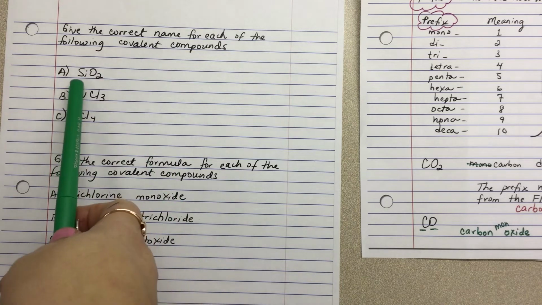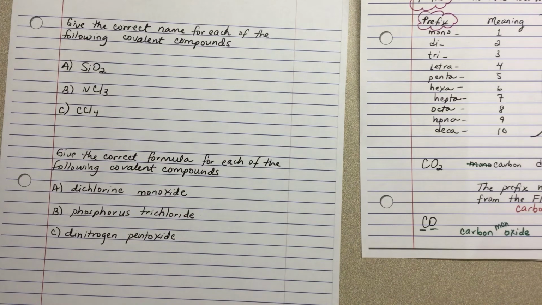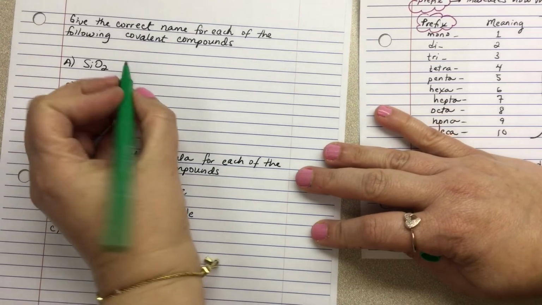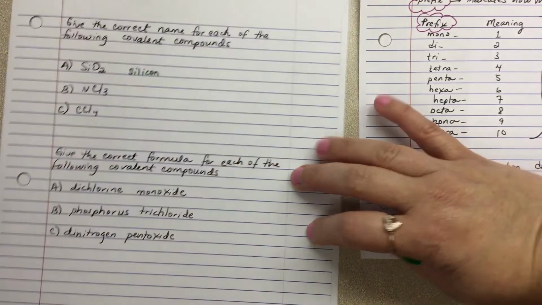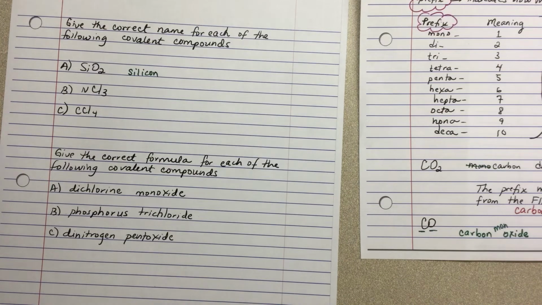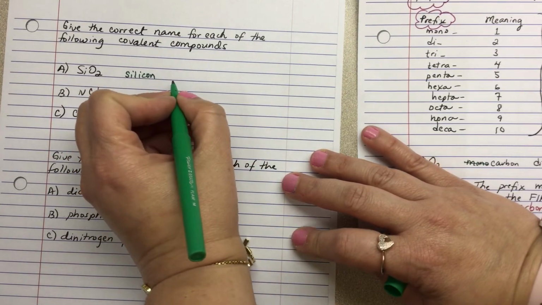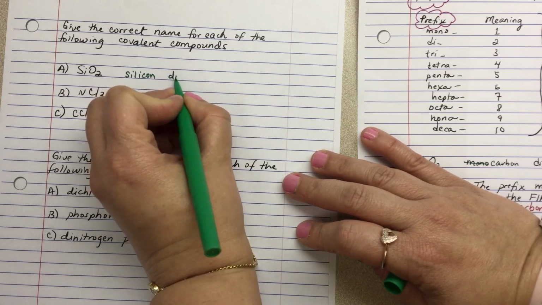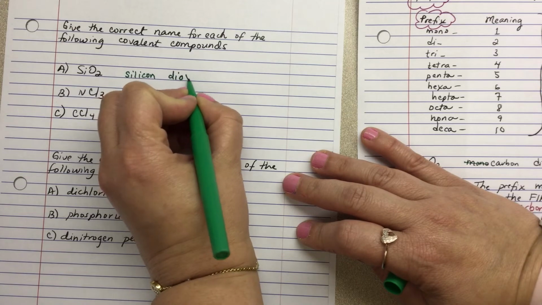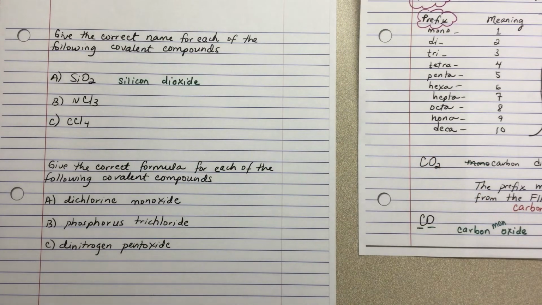So for that compound right there, the first one, you have only one silicon. So for that one, you don't have to write down the mono. So I'm just writing down the name of the element as it is in the periodic table. Then you have 2 oxygens, and for oxygen we don't use oxygen, we use oxide, and you have 2 of them. So that will be silicon dioxide.